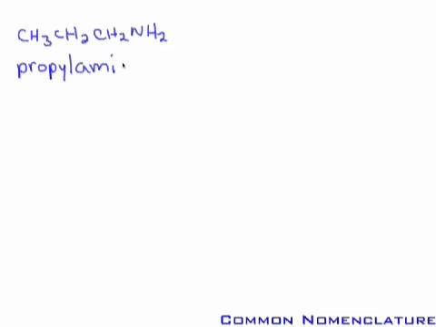If we go back to some of the amines we drew first, such as 1-propanamine, or propan-1-amine, you'll notice it has a propyl group off the nitrogen. And so in common nomenclature, all one word, it is named as propylamine.